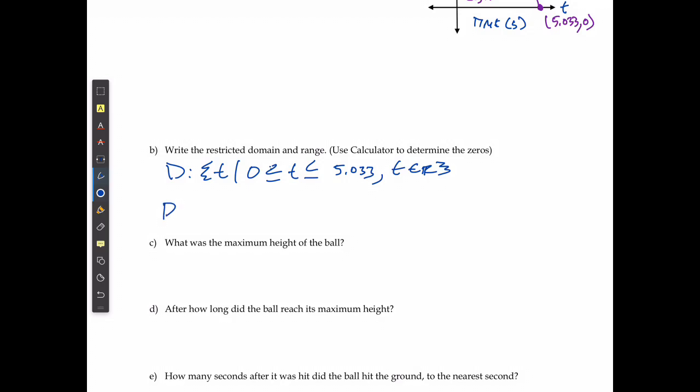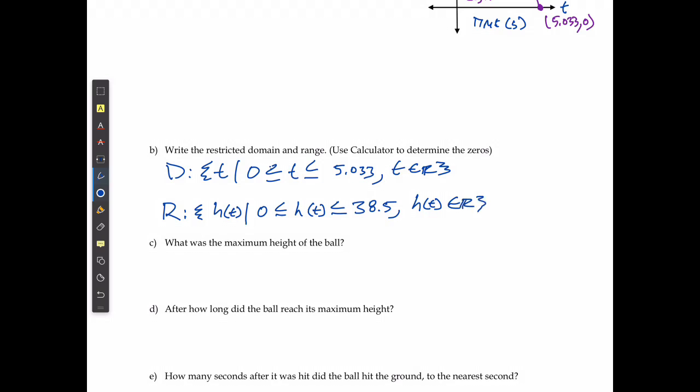For my range is represented in this case as height as a function of time, where 0 is less than or equal to the height as a function of time, which is less than or equal to 38.5 is the top one, where h as a function of t is an element of real numbers.